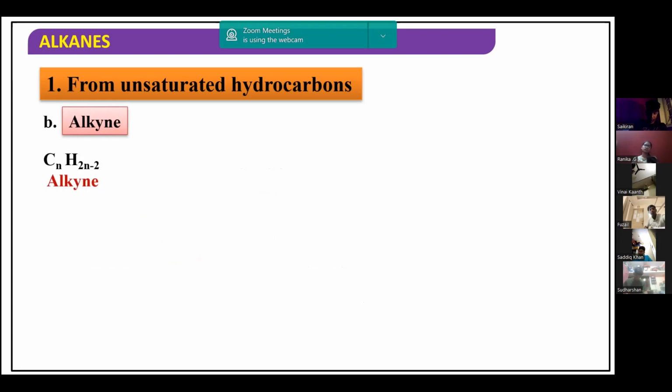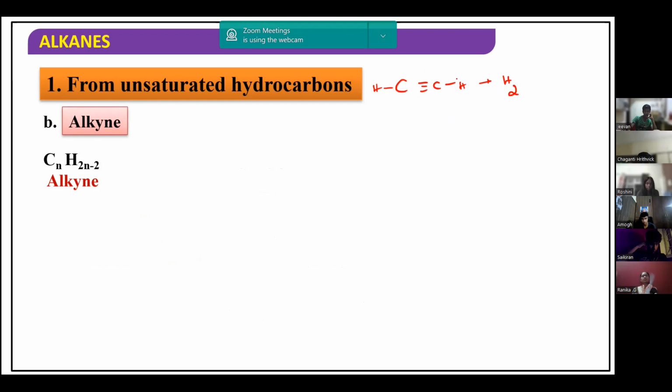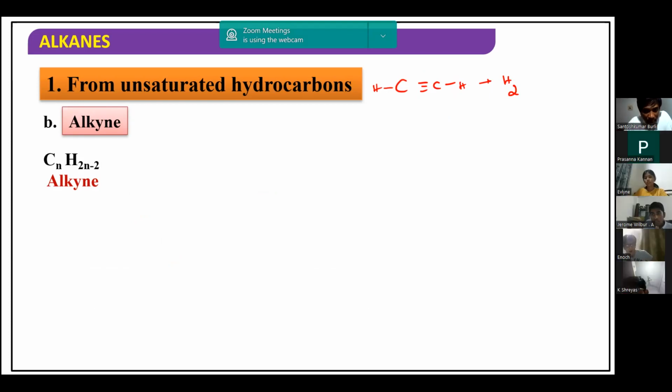Now, similarly for alkynes. I'll ask you a question here. For alkenes, we used 1 mole of hydrogen to get alkane. So how many moles of hydrogen do I need for converting an alkyne into an alkane? Simple. When I add one hydrogen here, the triple bond becomes a double bond.